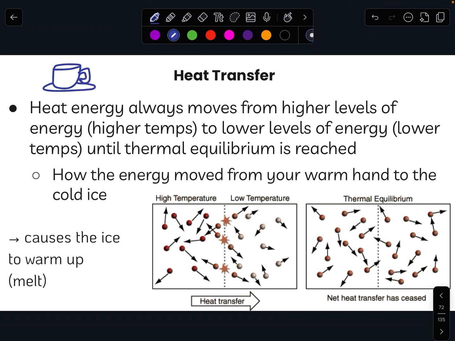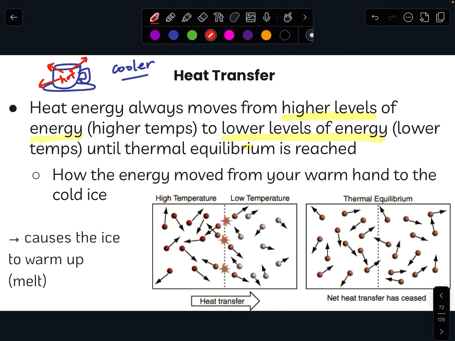The heat from that coffee is going to escape from my coffee mug over time. The reason why is because it is cooler on the outside of the mug, and it's hotter on the inside of the mug. So energy is always going to move from higher levels of energy to lower levels of energy.